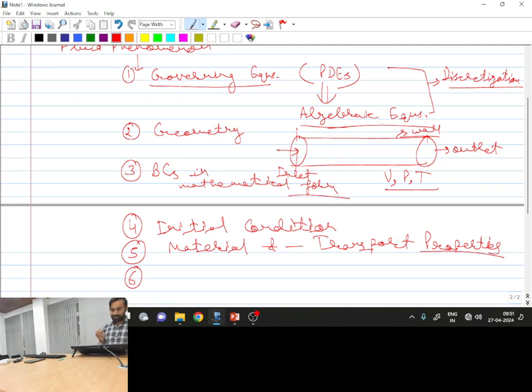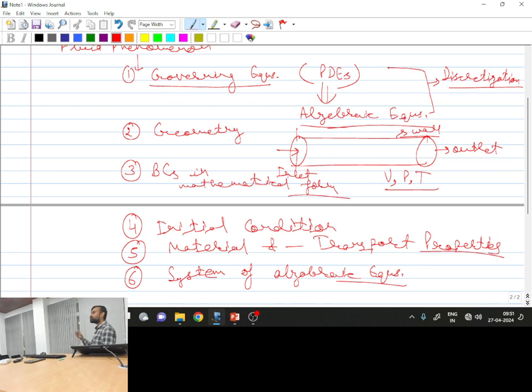So how is the solution done? Once you have converted your partial differential equations into algebraic equations and you have specified all the boundary and initial conditions, you will ultimately get a system of algebraic equations.